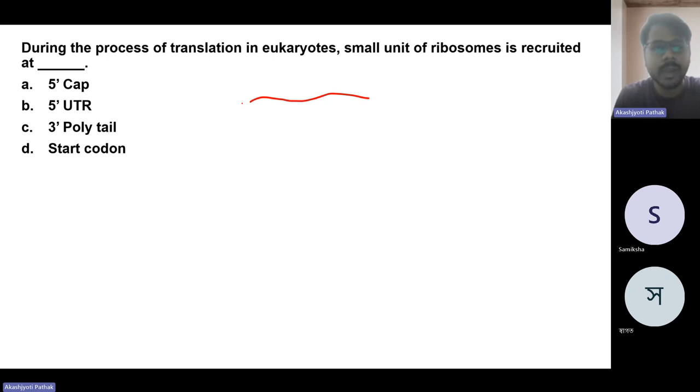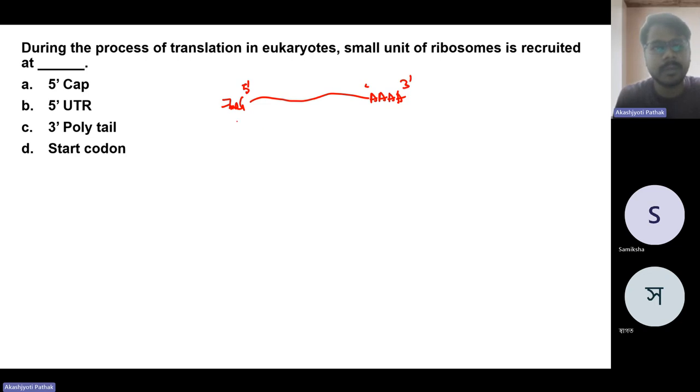A eukaryotic mRNA will have a 5' cap, right? The 5' end of the mRNA is modified and has a 7-methyl guanine triphosphate moiety, and the 3' end is modified by a poly-A tail, which is polyadenylated by poly-A polymerase.